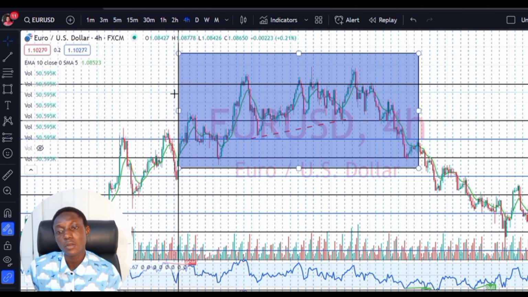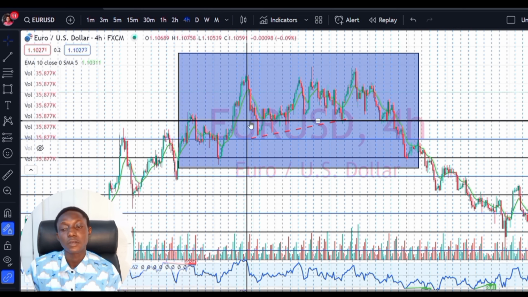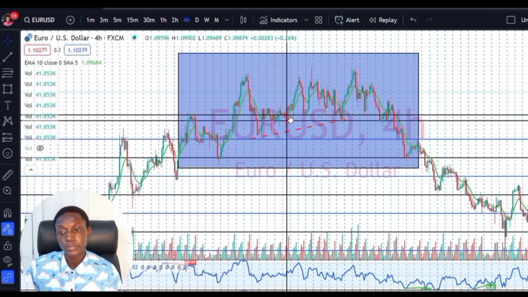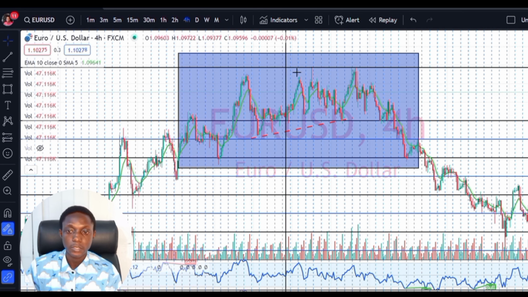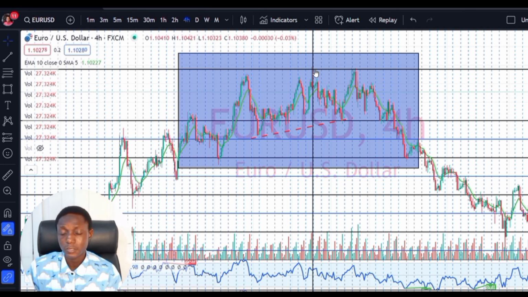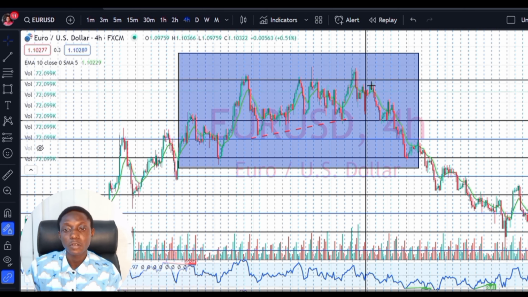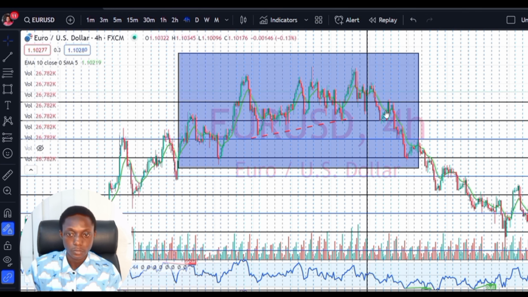So if you have known how to read the Wyckoff theory and understand it, then someone with this knowledge, with this set of edge, or you could call it strategy, me I call it edge, can be able to make money even all the way from this point to the downside.